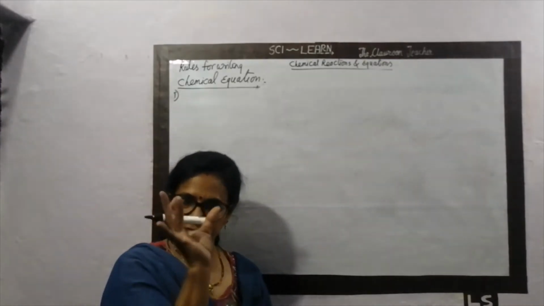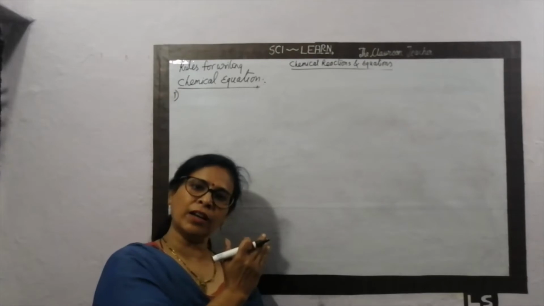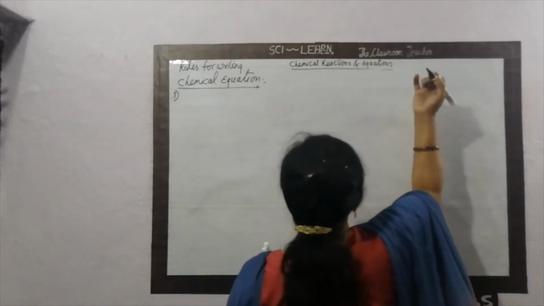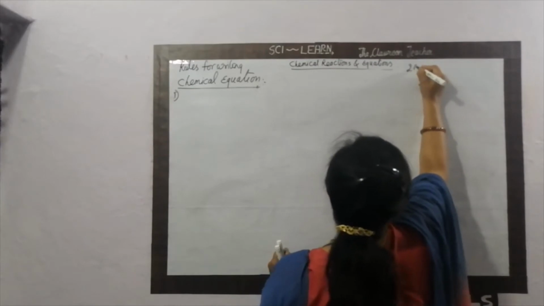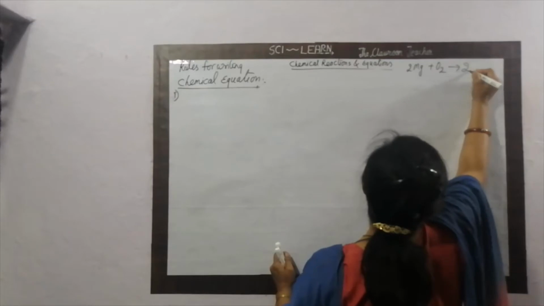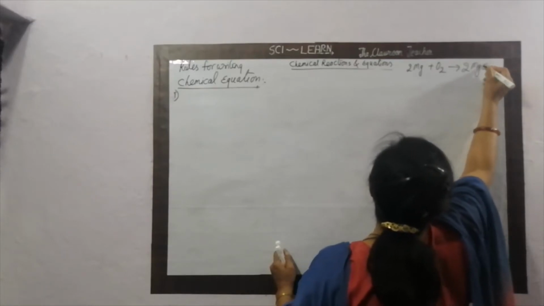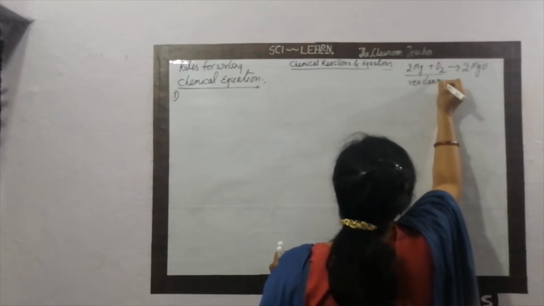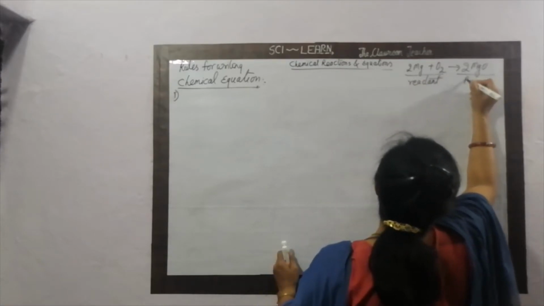One arrow is placed in between, one part before the arrow and one after the arrow. This is the example equation: 2Mg plus O2 gives 2MgO. This part is called the reactant, and this is called the product.